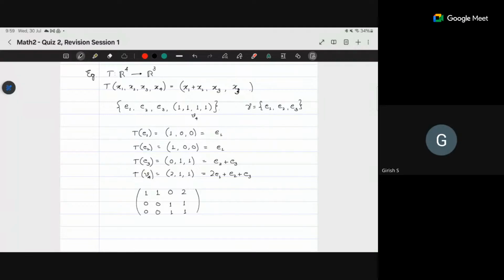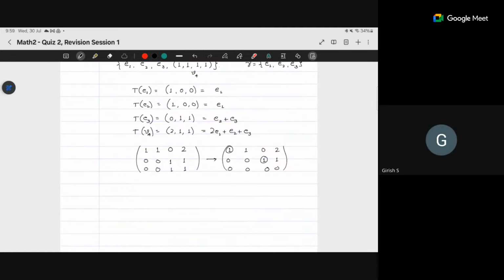Now, if I do the REF, there's only one step to do really. What are the pivots? It is this and this, right? What is the basis for the null space of A? Let me call this guy A.